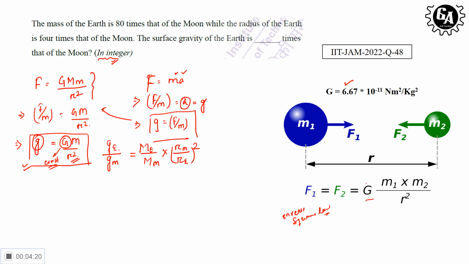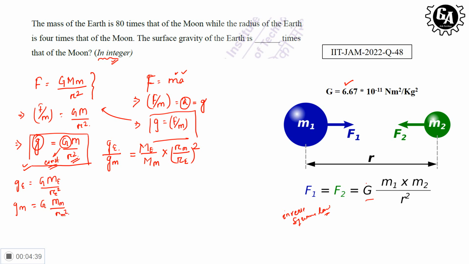Or simply, gE is equal to G Me by Re square, and gM is G Mm by Rm square.